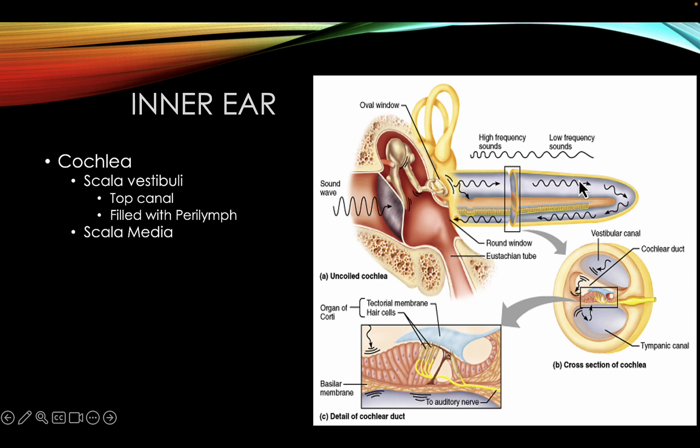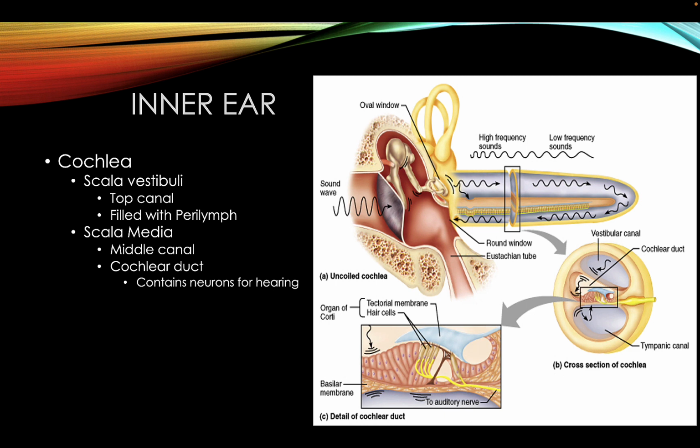And then you have what's called the scala media, and this is the middle canal here. And it's also referred to as the cochlear duct. And we're going to talk about this in more detail. It contains the neurons for hearing, and it's filled with endolymph.